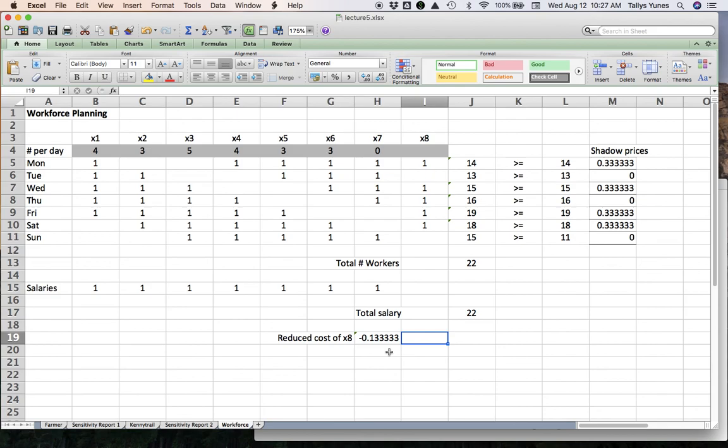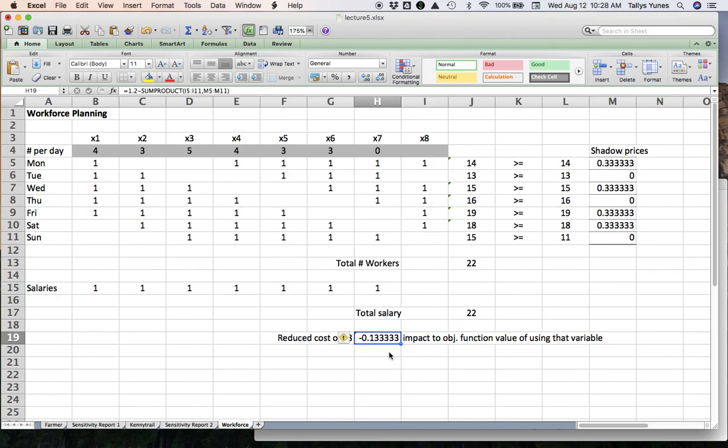What does the reduced cost represent? It's the impact to the objective function value of using that variable. Well, if using x8 causes a negative impact on my objective, it makes my objective go down. Do I like that or not? Yes, I do, because I'm minimizing, right?